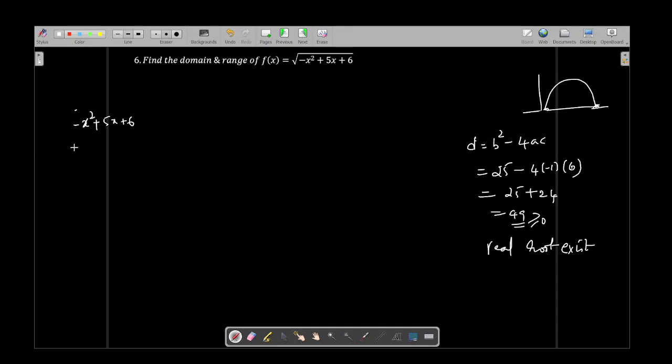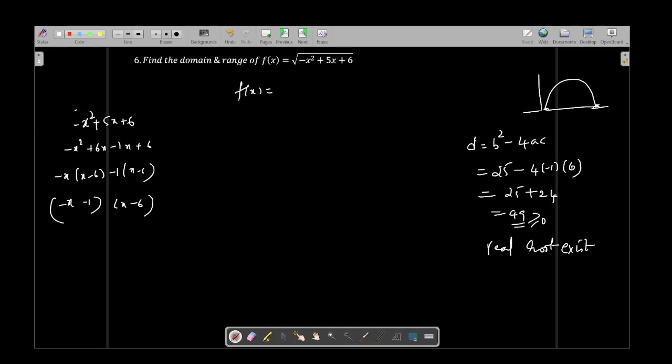So what are the roots? Minus x square plus 5x plus 6, we'll write as minus x square plus 6x minus 1x plus 6. We'll take minus x common, we'll get minus x minus 6, x plus 1.